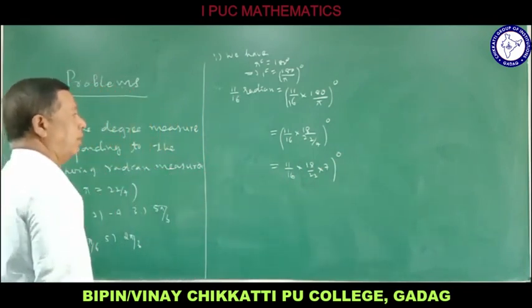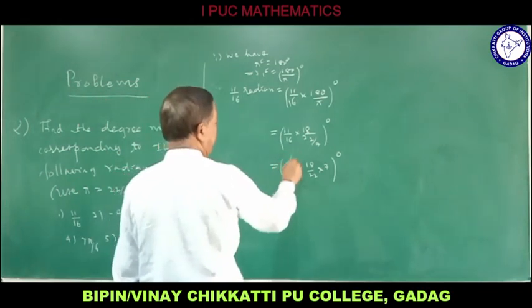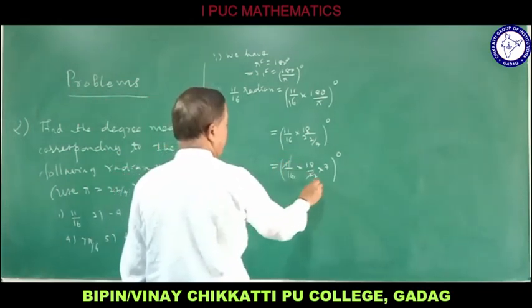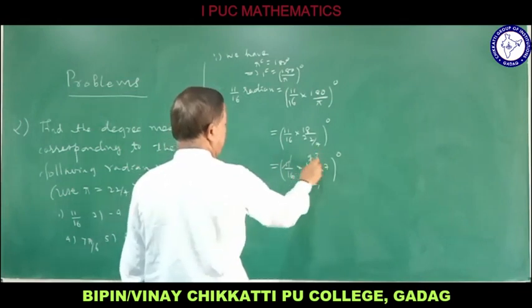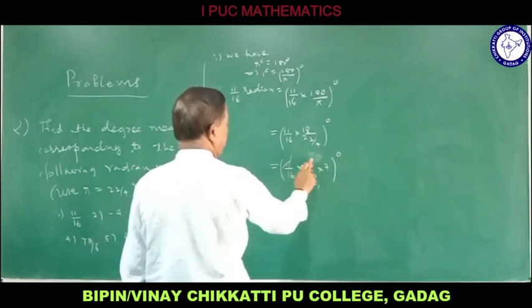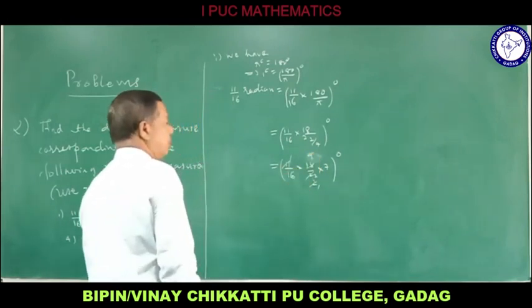Here you have to see how it can be simplified. 11 ones are 11, 11 twos are 22, so 11 cancels, leaving 2. Then 2 nines are 18, so 9 here and 16 here.